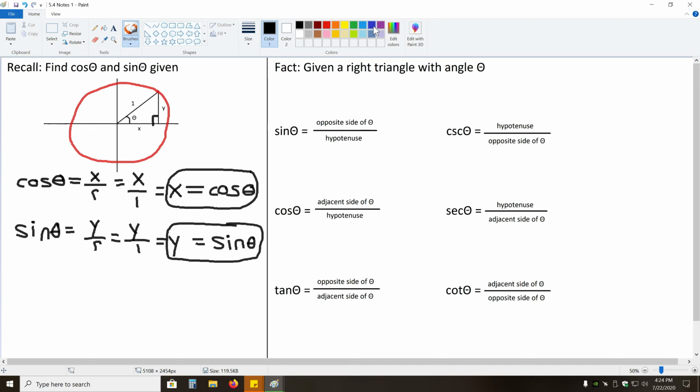But notice what that tells us. Now we know how to find the location of this point on the circle.